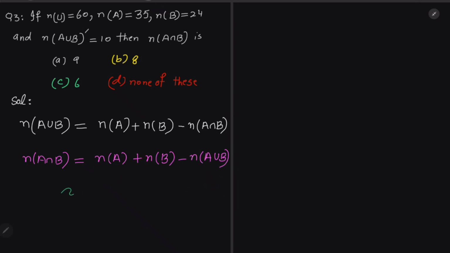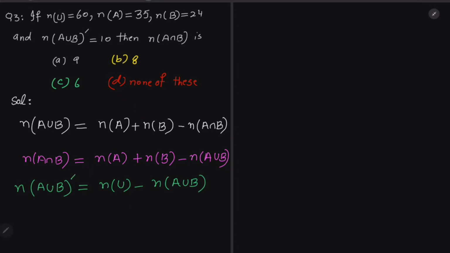So let me just go back and try to find A union B. I write a formula: n((A union B) complement) will be equal to n(U) minus n(A union B).